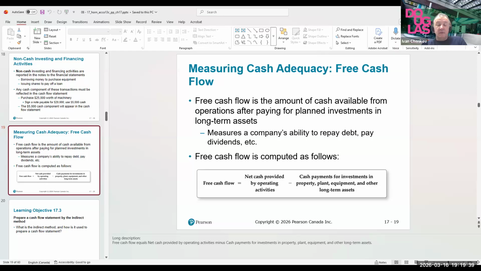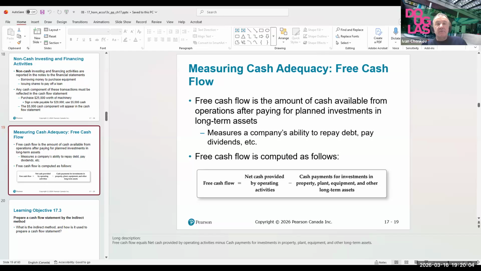So we're going to get what we have as working capital, current assets minus current liabilities. We're going to see what's the cash portion of that calculation because we have net cash from the operating activities. So we're going to see how much we're generating from the operating activity.